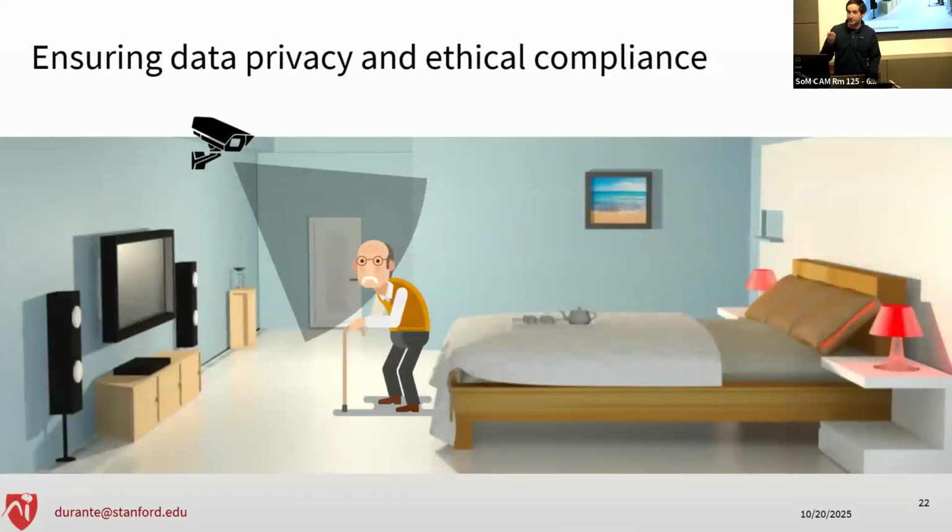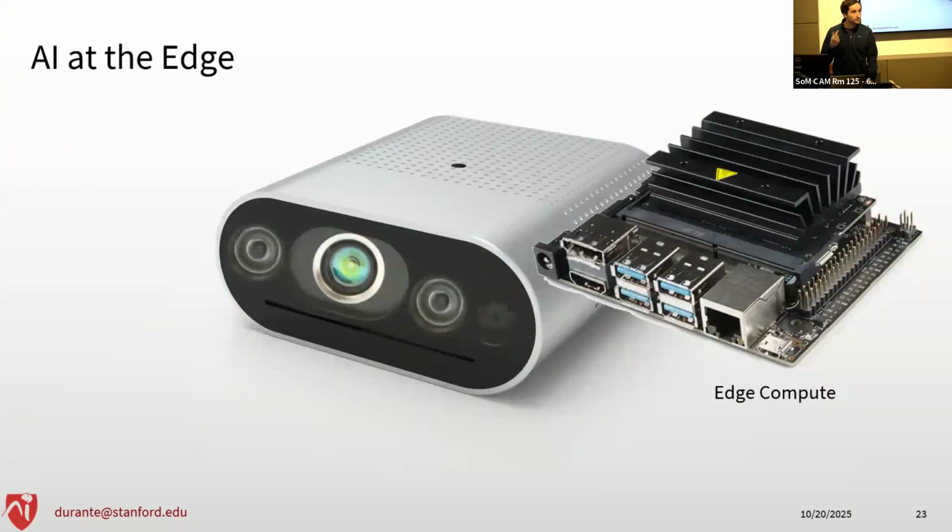A lot of people, though, don't like the idea of a camera in the room. So this is pretty reasonable, I totally get it. And so we've spent a lot of time trying to take their pretty well-founded concerns into consideration in designing our system. So one of the things we do, once we have an algorithm that works, is to deploy the AI at the edge. What does this mean?